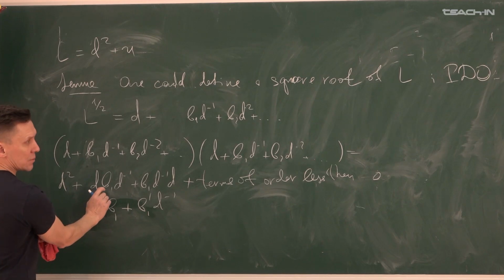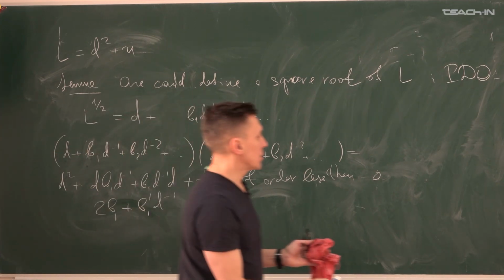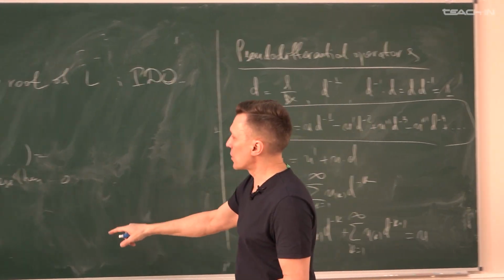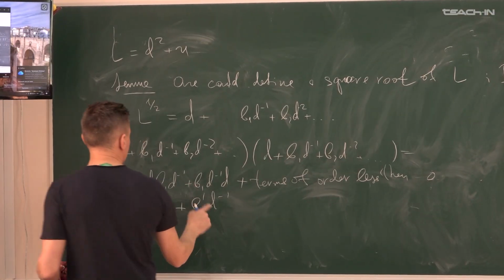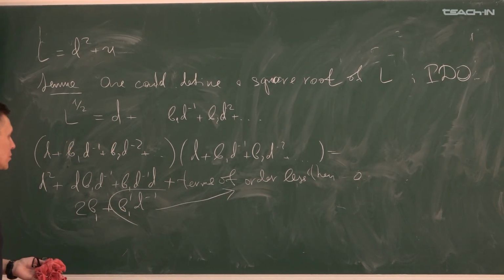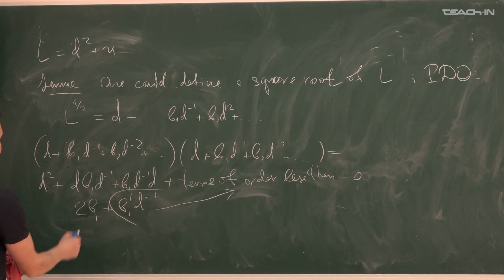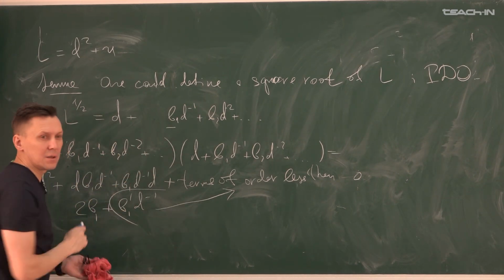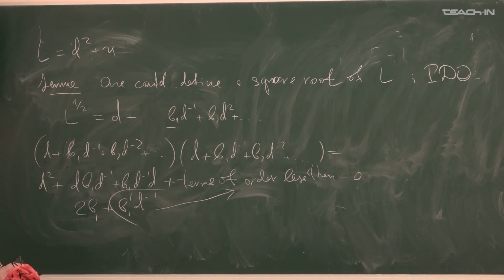So then when we use the commutation relations here, we get b1 prime d minus 1. So this is also a term of order less than zero. So you see the coefficient b1 is defined uniquely.